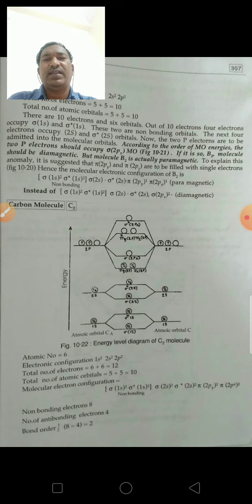So there are 10 electrons in total. Of the 10 electrons, 4 electrons occupy sigma 1s and sigma star 1s. So these two are non-bonding orbitals.